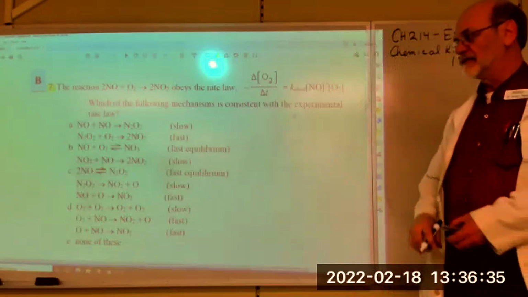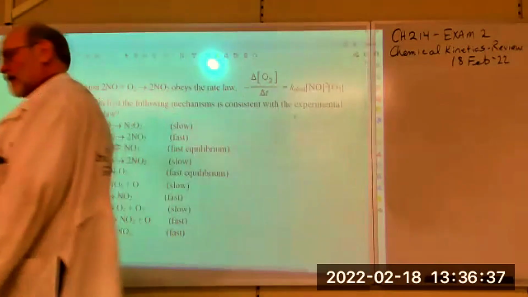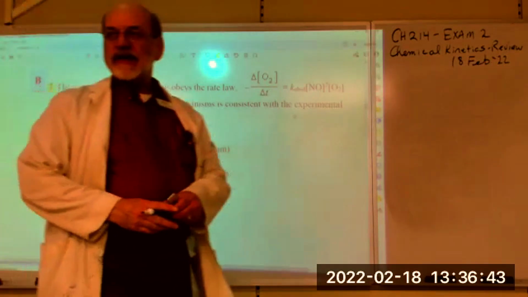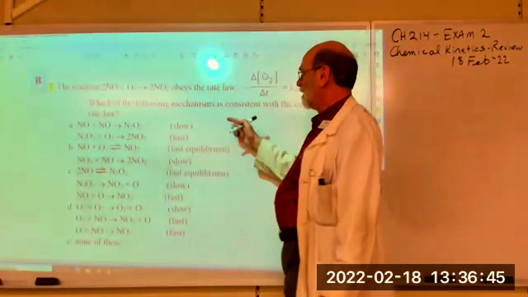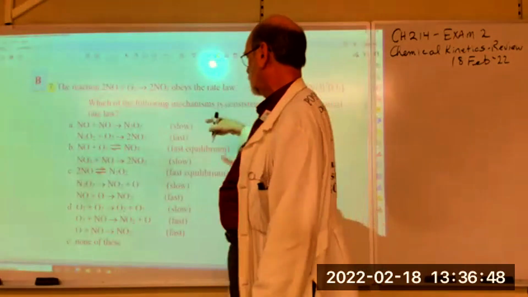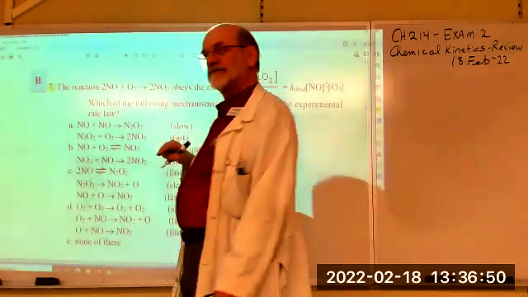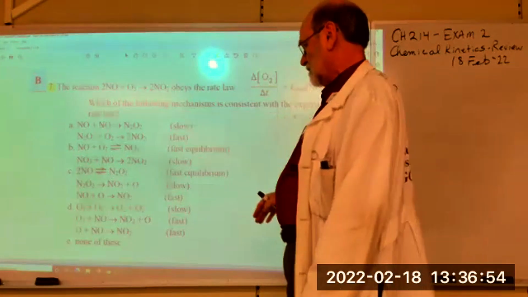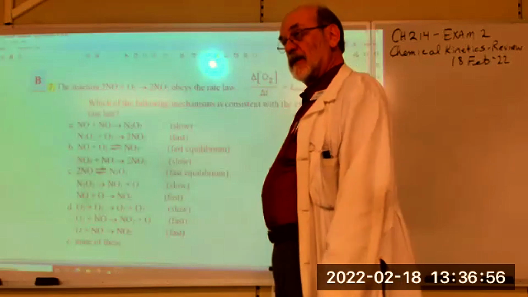What's the first condition for a mechanism? You have to be able to add up the steps and get this equation. So we can hopefully eliminate some of these by just checking.